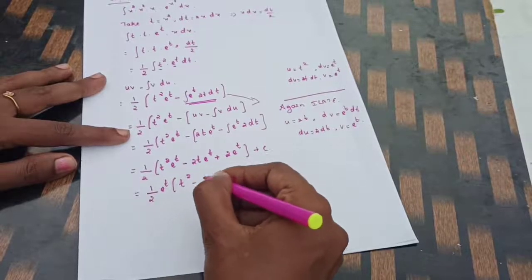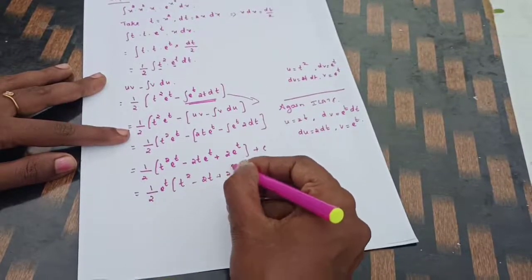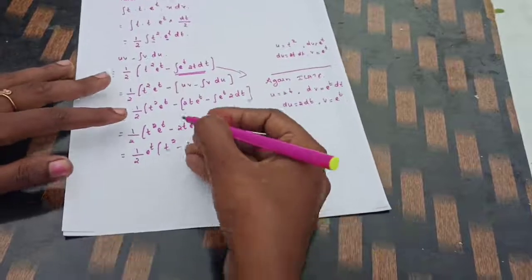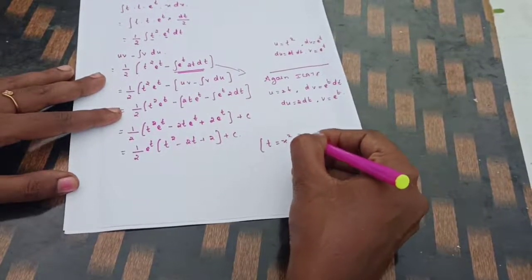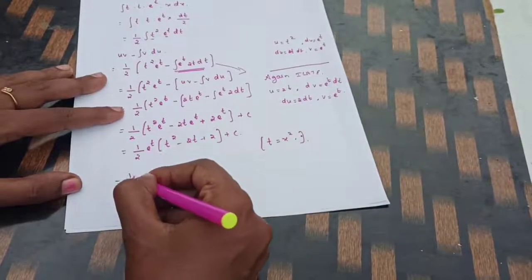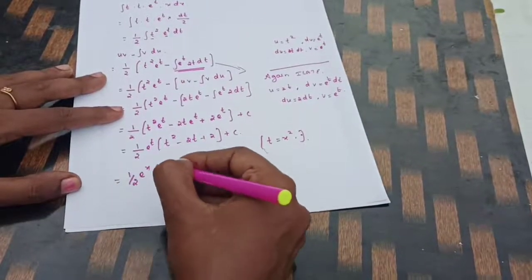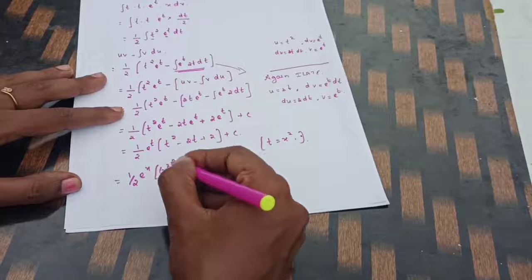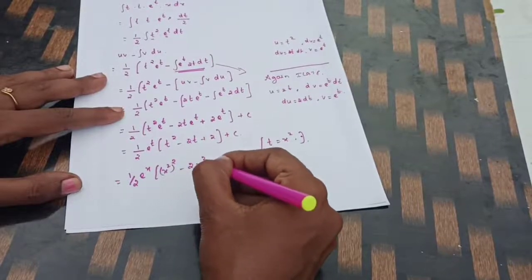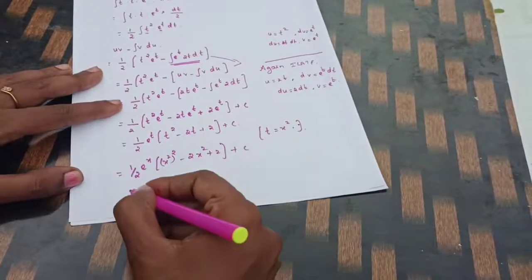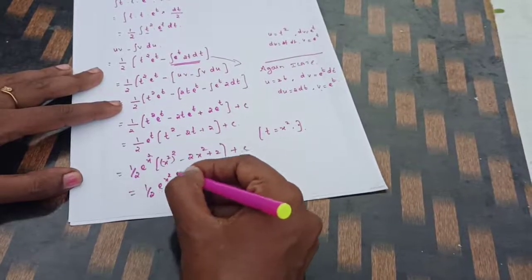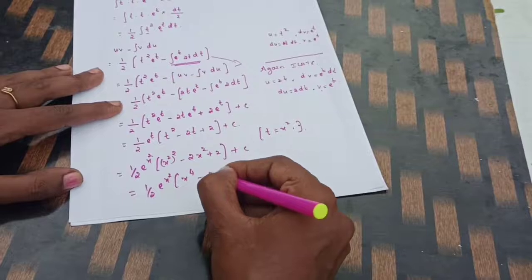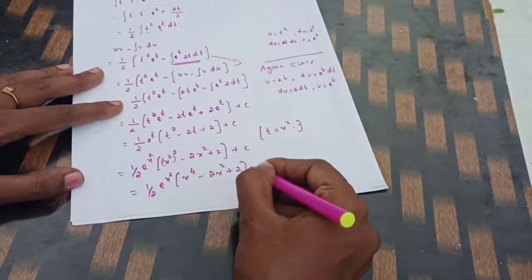So t square minus 2t plus 2 plus c. Now you need to apply the t value here. t equal to x square, is it right? So half into e power x square, and t square means x square the whole square, minus 2x square plus 2 plus c. That is equal to half into e power x square, x power 4 minus 2x square plus 2 plus c.